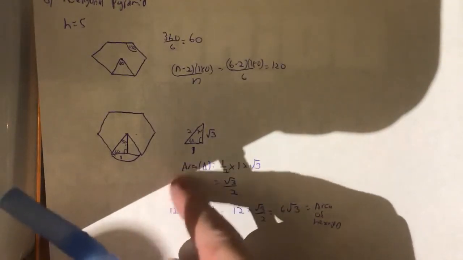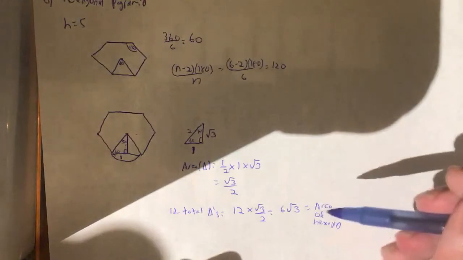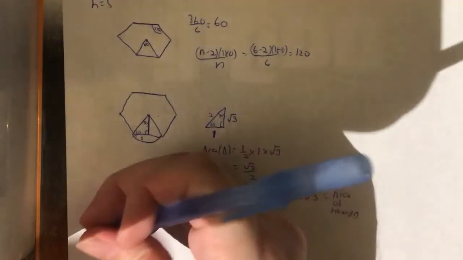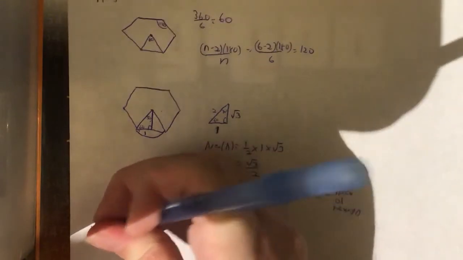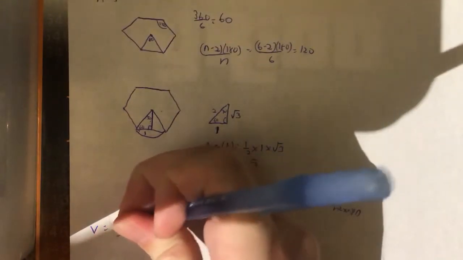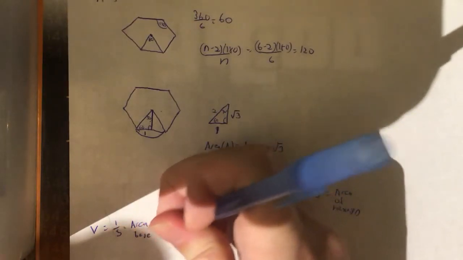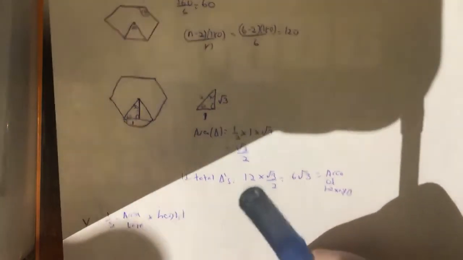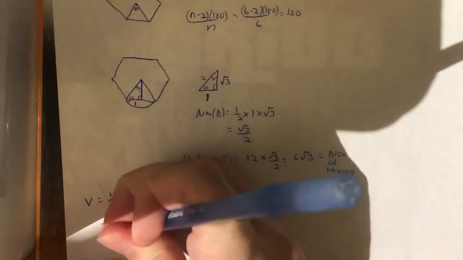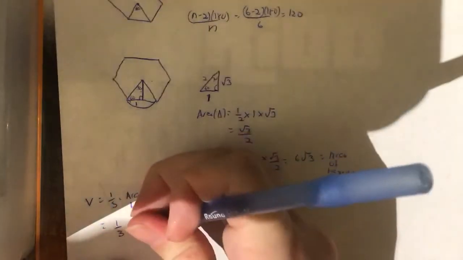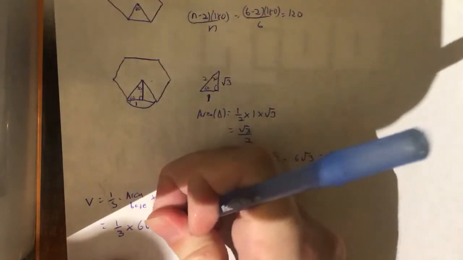Sometimes they give you the area, sometimes you have to find the area. So the area of the hexagon is 6 root 3. So to find the volume of the pyramid, I do 1/3 the area of the base times the height. And in this case, it's just 1/3 times 6 root 3 times the height of 5.